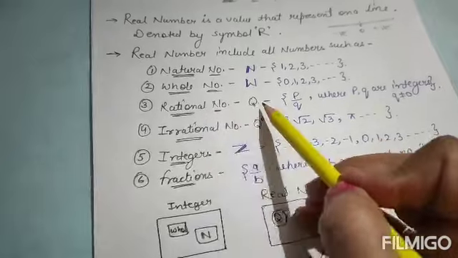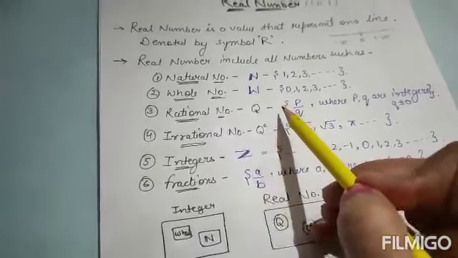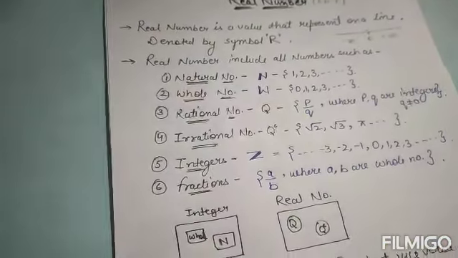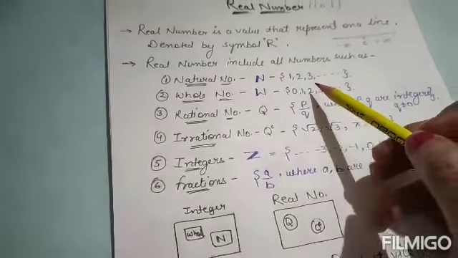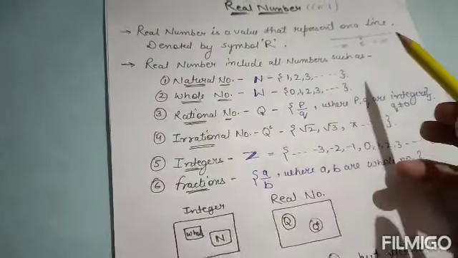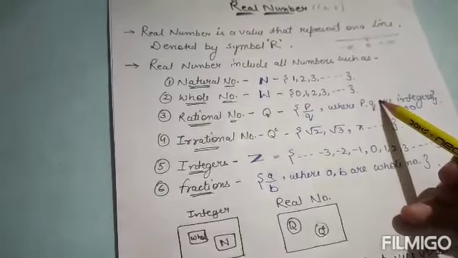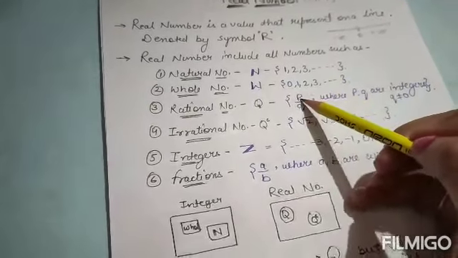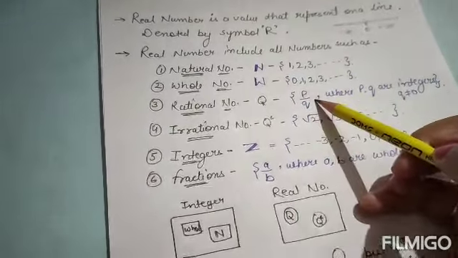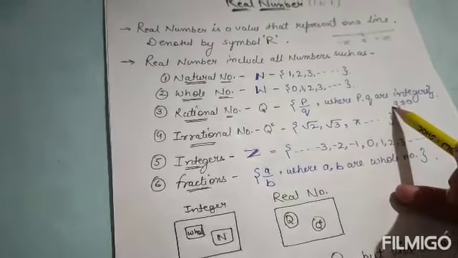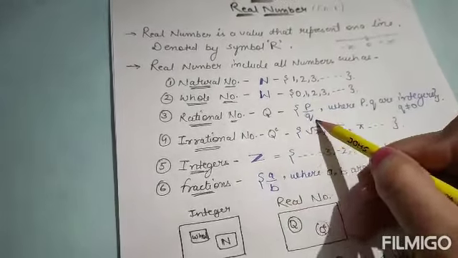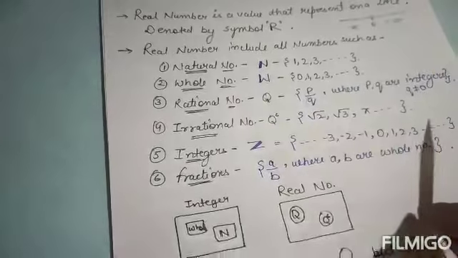Rational numbers are denoted by capital Q, and rational numbers are those numbers which are represented as an integer divided by an integer. Basically in the form of p by q, where p and q are integers and the denominator should never be 0.